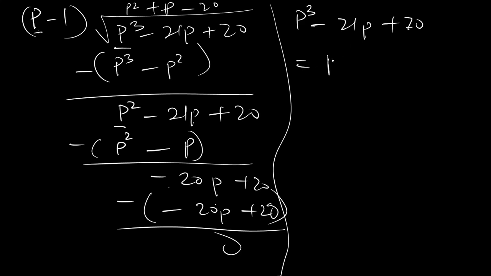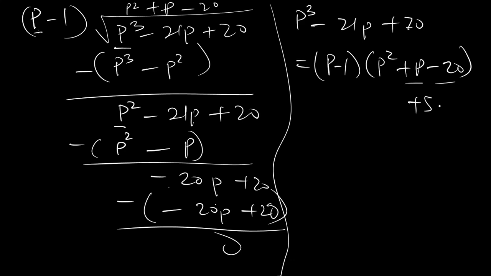is equal to p minus 1 times p squared plus p minus 20. Now, what are the factors of minus 20 that when you sum them together will give you plus 1? The factors of minus 20 are plus 5 and minus 4. If you add these together, it will give you plus 1.